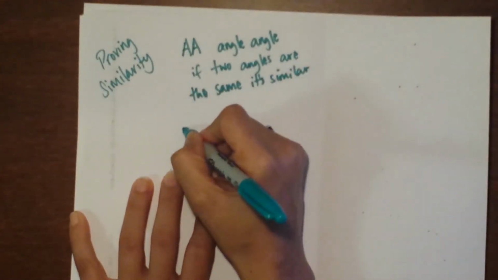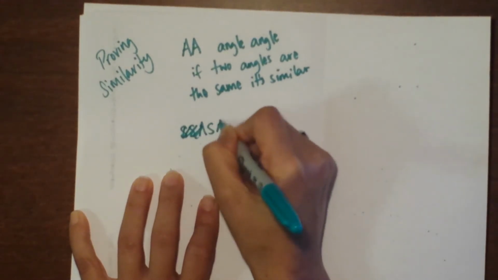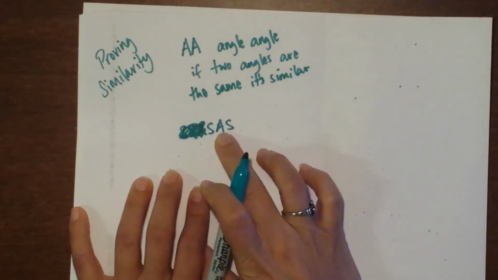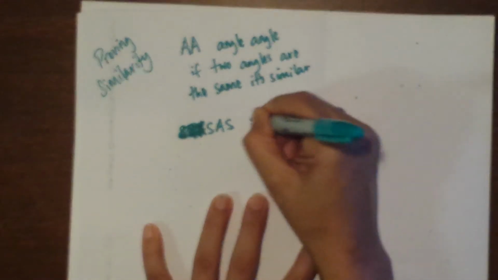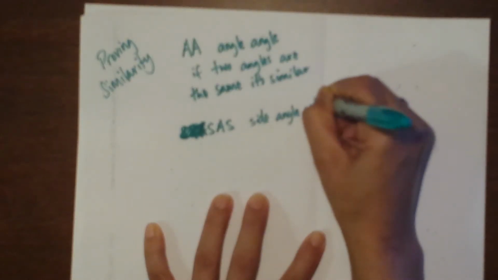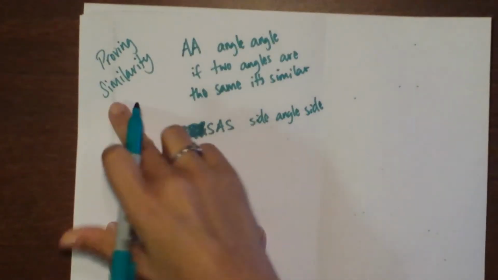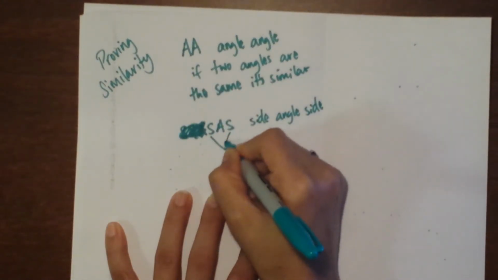The other one we're going to take a look at is SAS. And what's that? Side, angle, side. Just like before. Now the only difference is when you're looking at similarity, the sides are not the same.